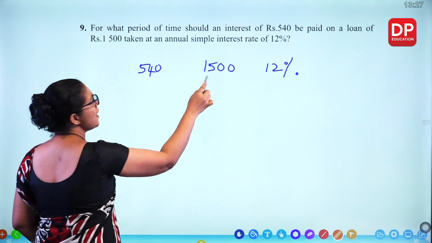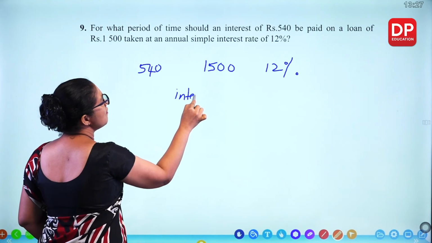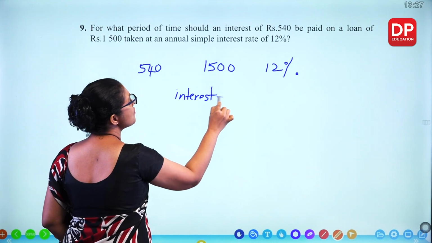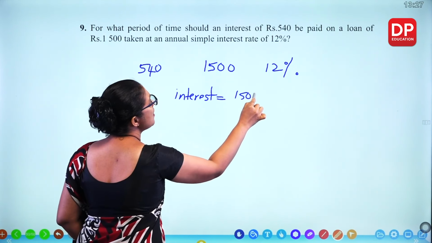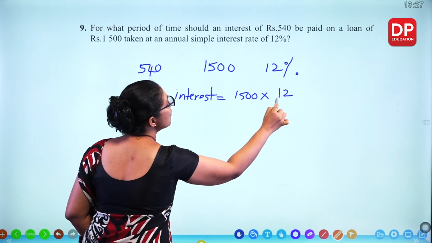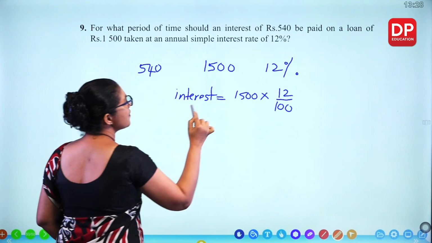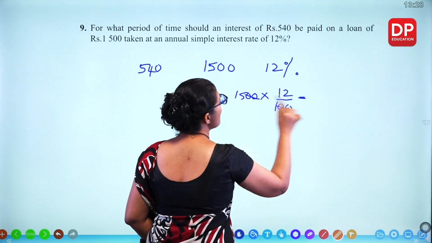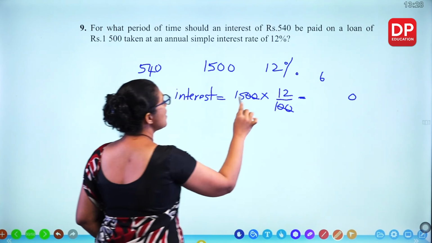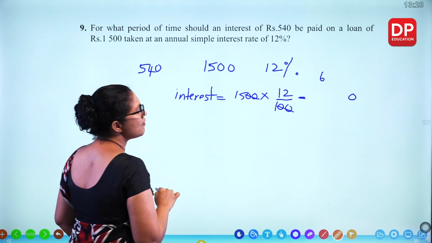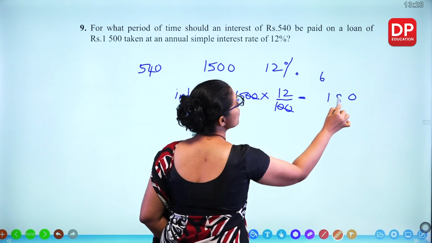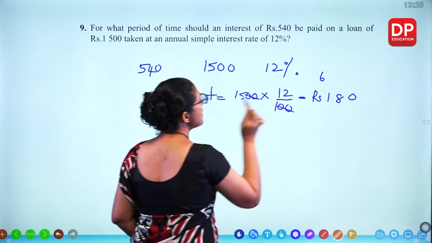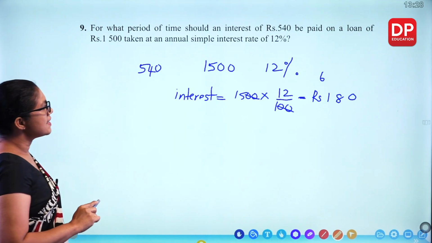So we'll first find the interest value. Interest value is 12% of 1,500. So when you multiply these two, 12 plus 5, 60, 6 remaining, 12 into 1, 12, 12 plus 6, 18. So 180 rupees for 1 year. That's the interest.